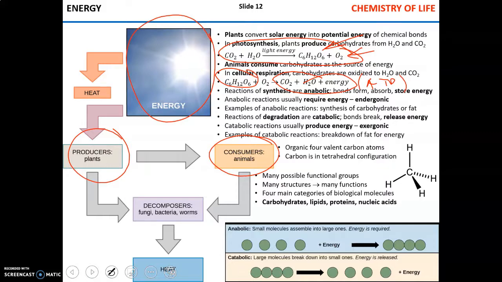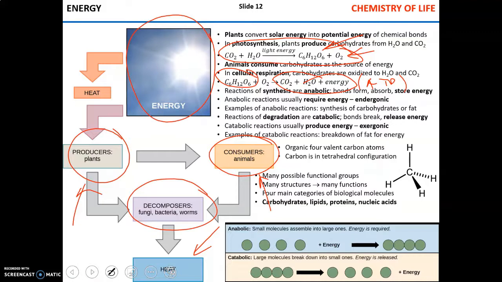And then when plants and animals die, we have decomposers, various fungi, bacteria, various worms that break down the dead animal tissue and plant tissue, and release heat, carbon dioxide, and water as well.